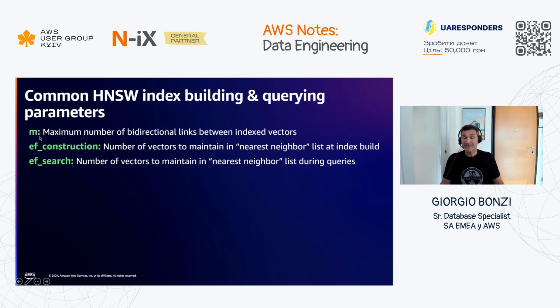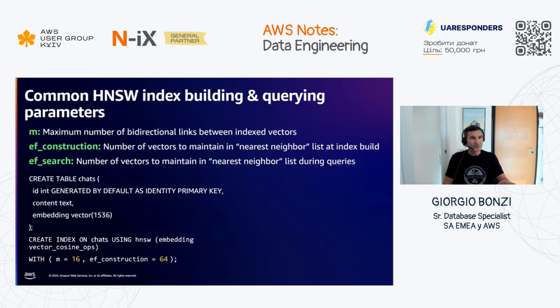The m parameter represents the maximum number of connections for each vector at each layer. Instead, ef_construction represents the number of vector candidates that will be evaluated during the index creation. Then you can also configure a parameter before executing a similarity search query, the ef_search parameter, which represents the number of vector candidates that will be evaluated during the similarity search.